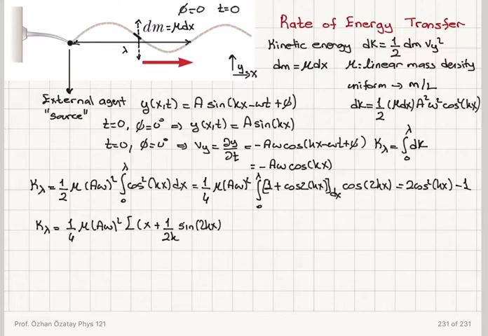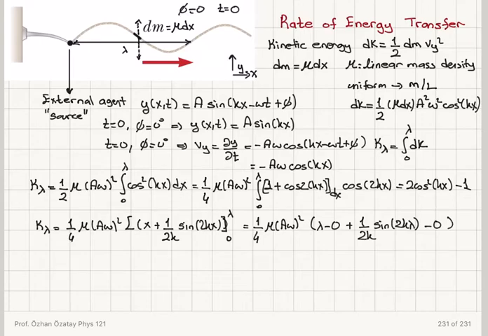This has to be evaluated between 0 and lambda, and I will obtain 1 over 4 mu A squared omega squared, lambda minus 0 plus 1 over 2k sine 2k lambda minus 0.